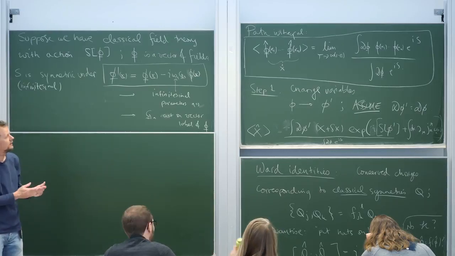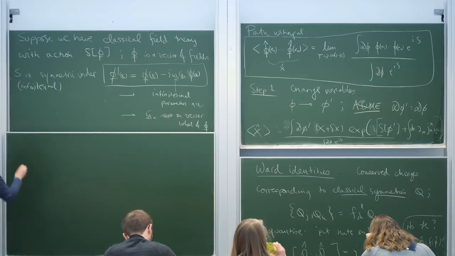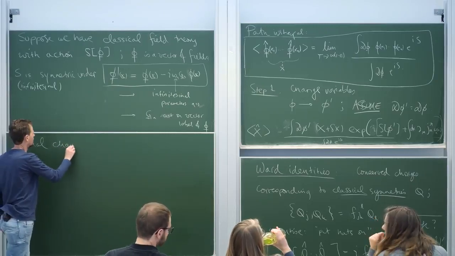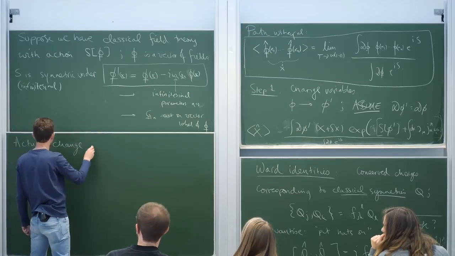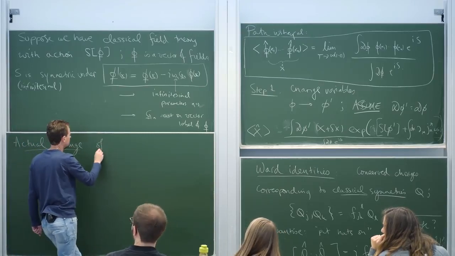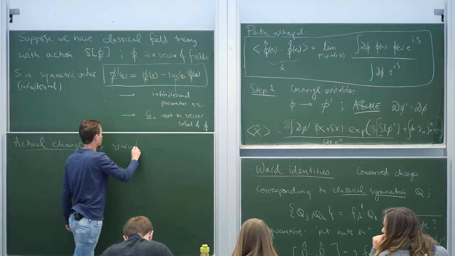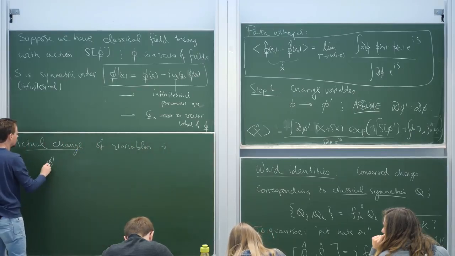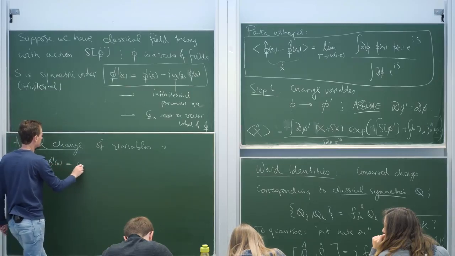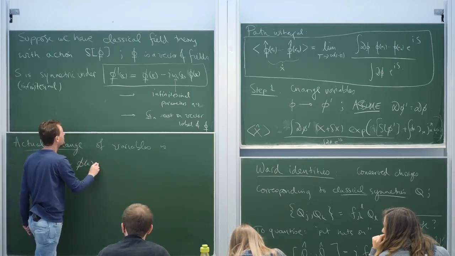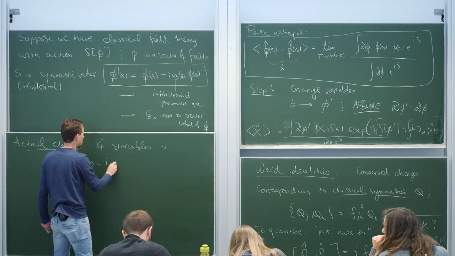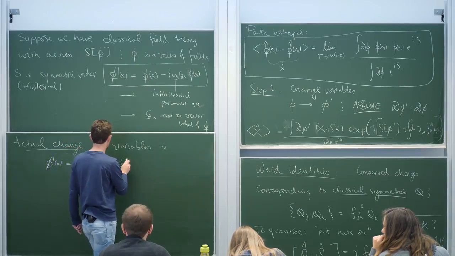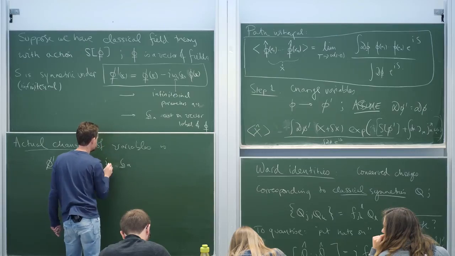than I otherwise implied. So the actual change of variables is phi prime of x equals phi of x minus i omega a g a omega x.